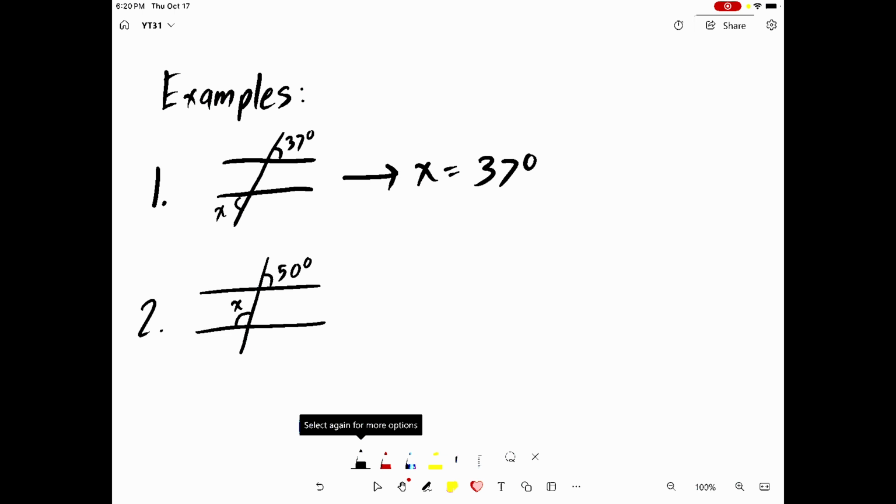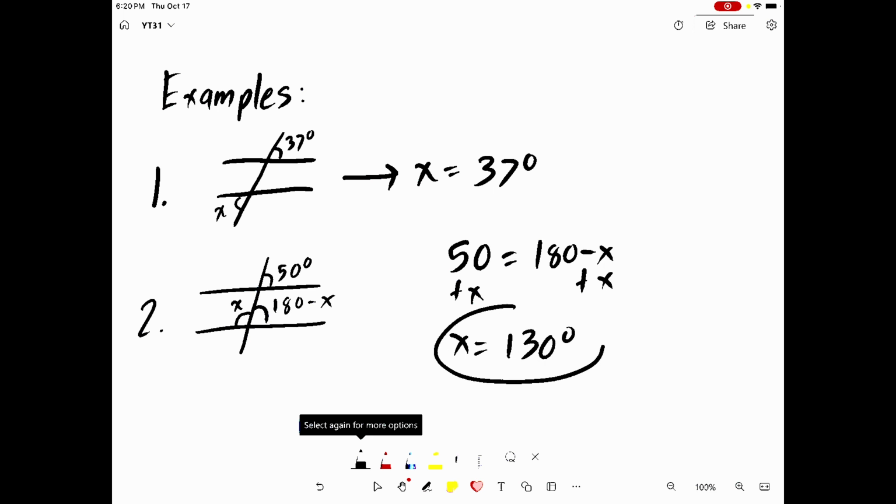So this angle is equal to 180 minus x. But as you see, these are corresponding angles. So 50 is equal to 180 minus x. If we solve this like a simple algebra equation, we get x is equal to 130 degrees, and that's our answer. Let's move on to our practice problem.